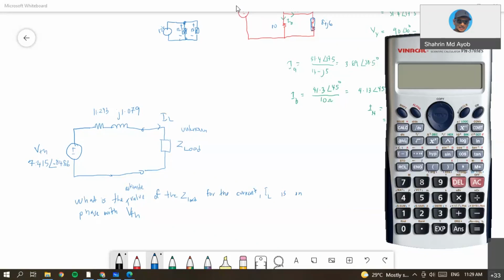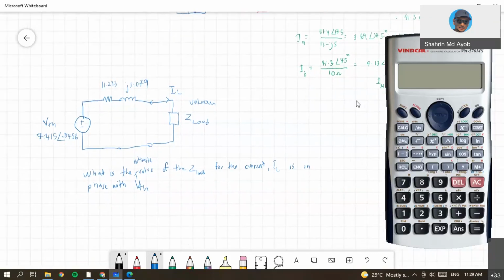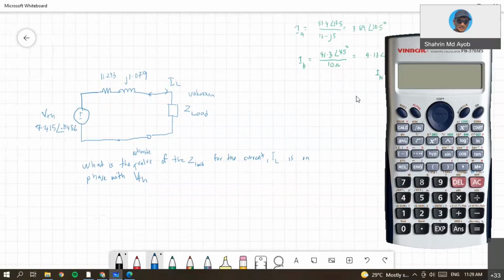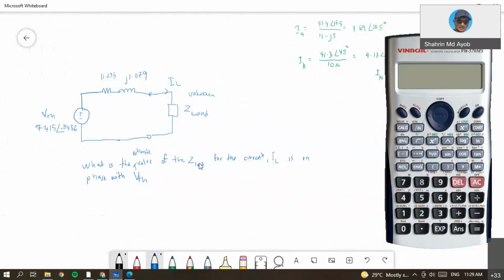Okay, so anyone give it a try? No one has messaged me. So what is the estimated value of the Z load for the current to be in phase with the V-terminal?